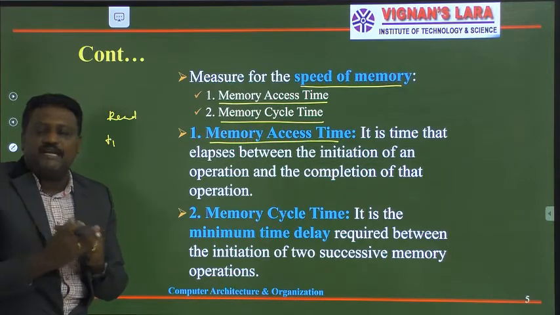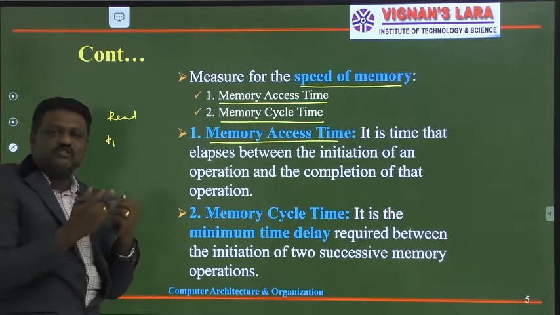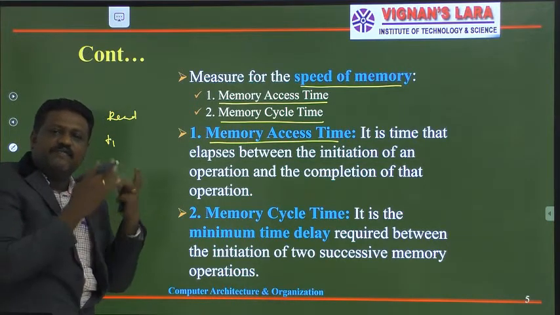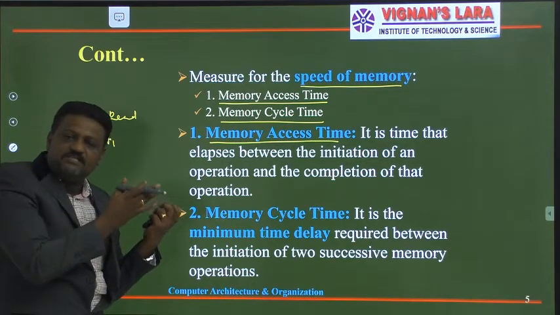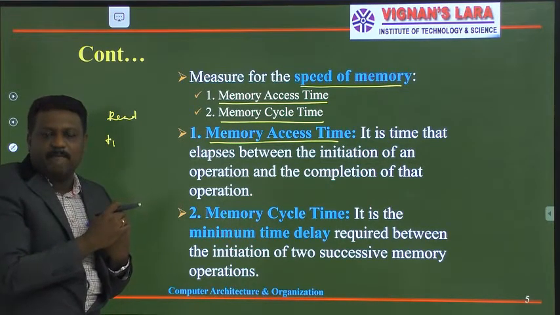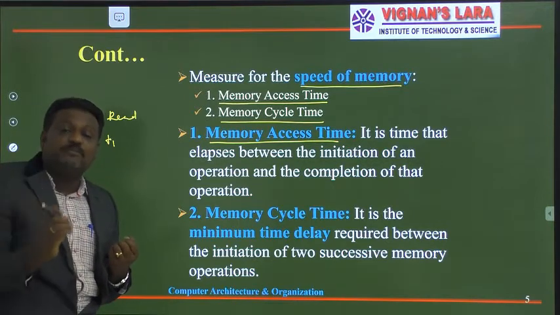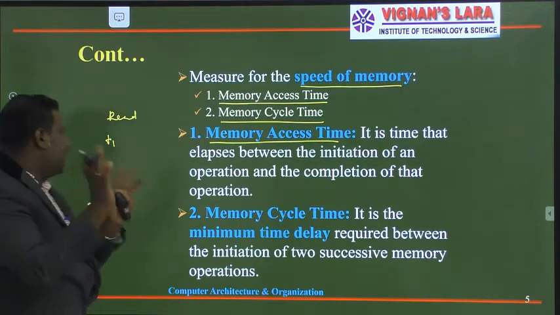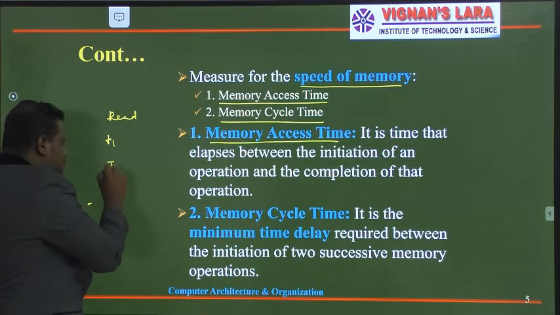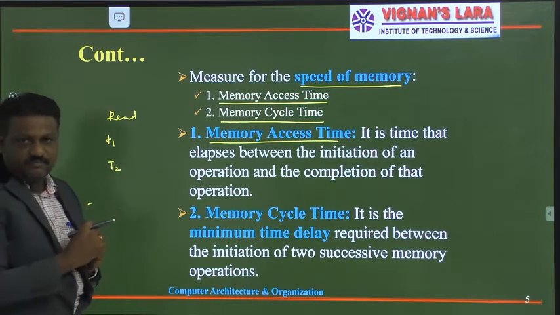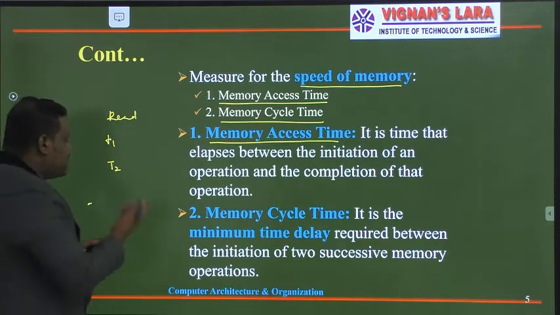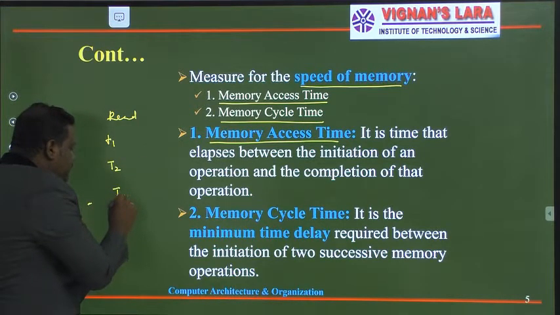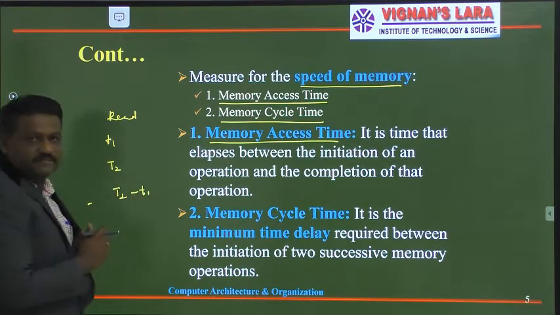Later it will generate the MFC signal. Once the processor receives the MFC signal, it will take the data from memory with the help of the data bus, and it is copied onto MDR. Once the data was copied from the data bus to MDR, it was completed at time instant T2. Now what is my memory access time? The memory access time is simply T2 minus T1.